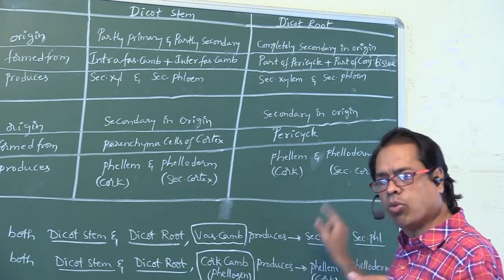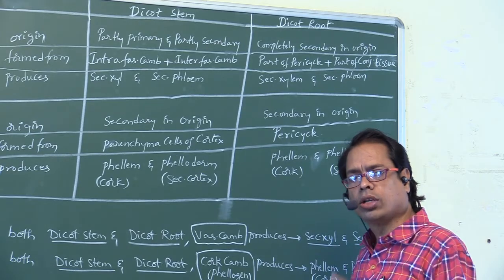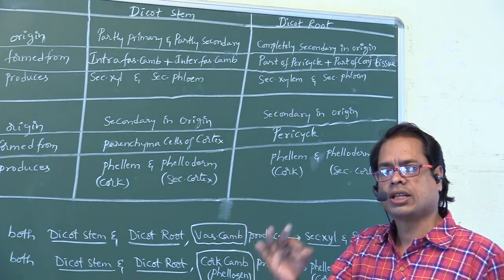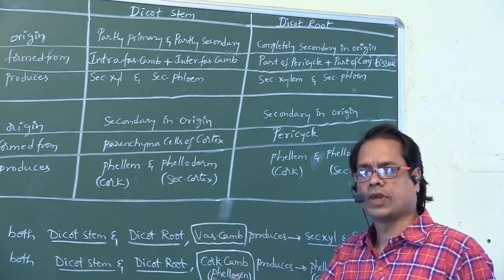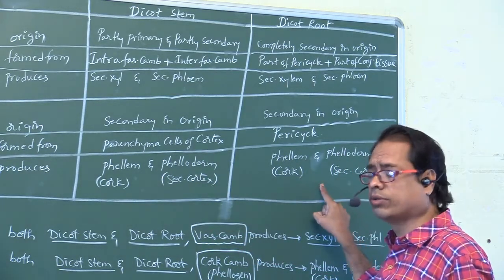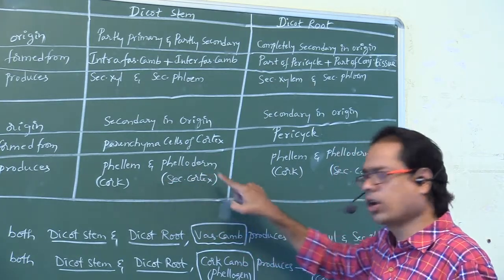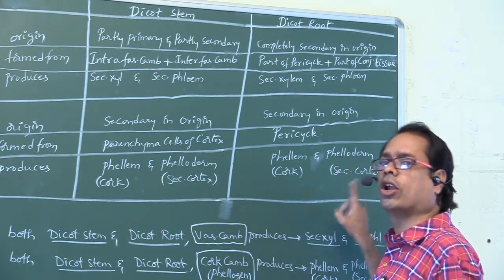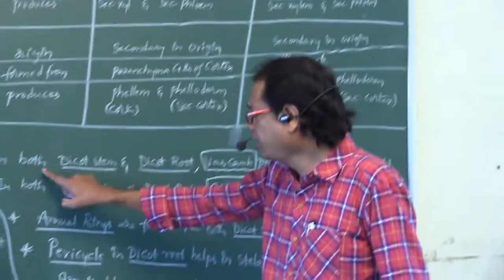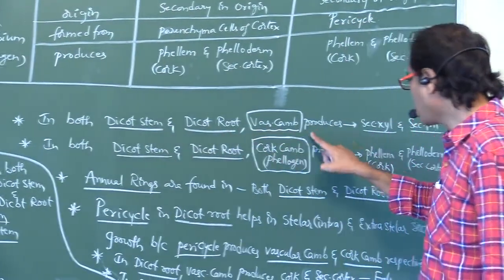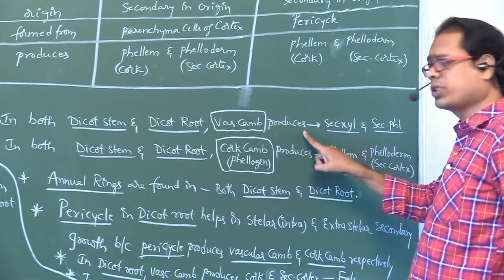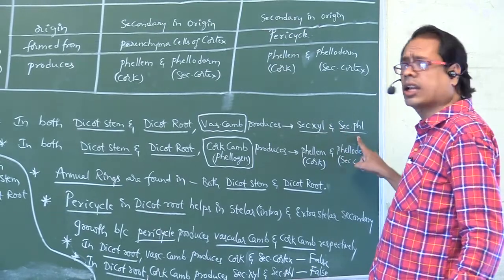So in both dicot stem and dicot root, vascular cambium produces secondary xylem and secondary phloem.